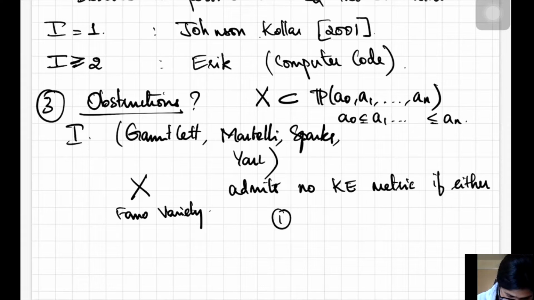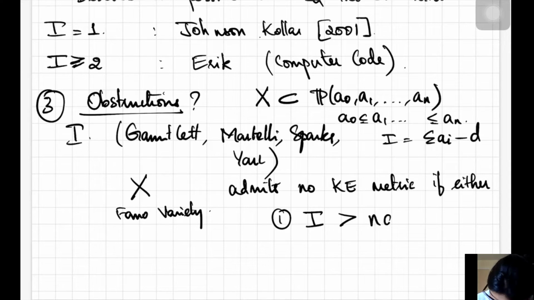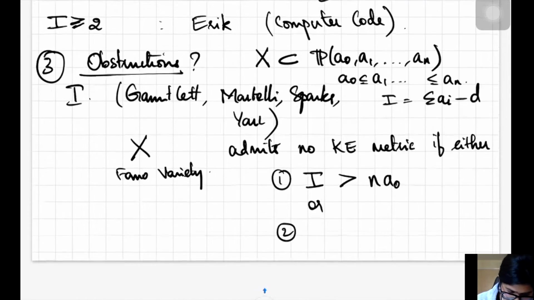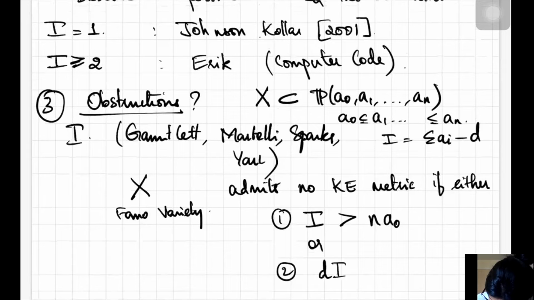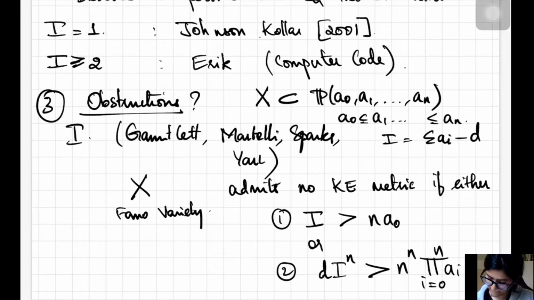So either your I, which is the index, again, index being the sum of the weights minus your degree, is greater than n A0, or if the degree times the index to the power of n is greater than n to the power of n times the product of all the weights. So this was one of the first obstructions that tells you, okay, it's not K-polystable.